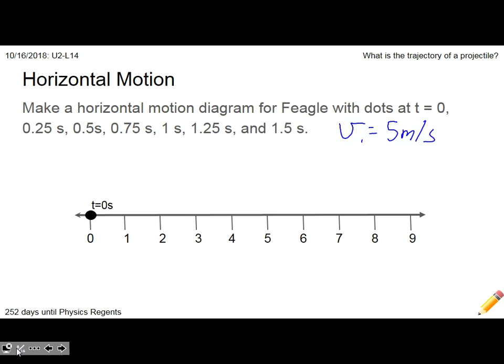This tells you how far it goes every second that goes by. Oh, so you're supposed to use this. Well, and then what would the A be?